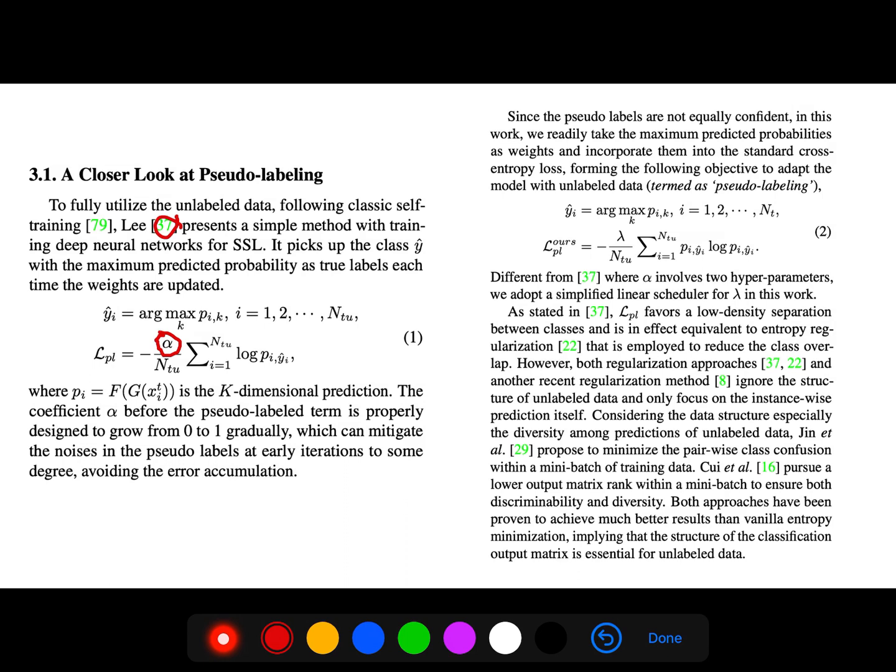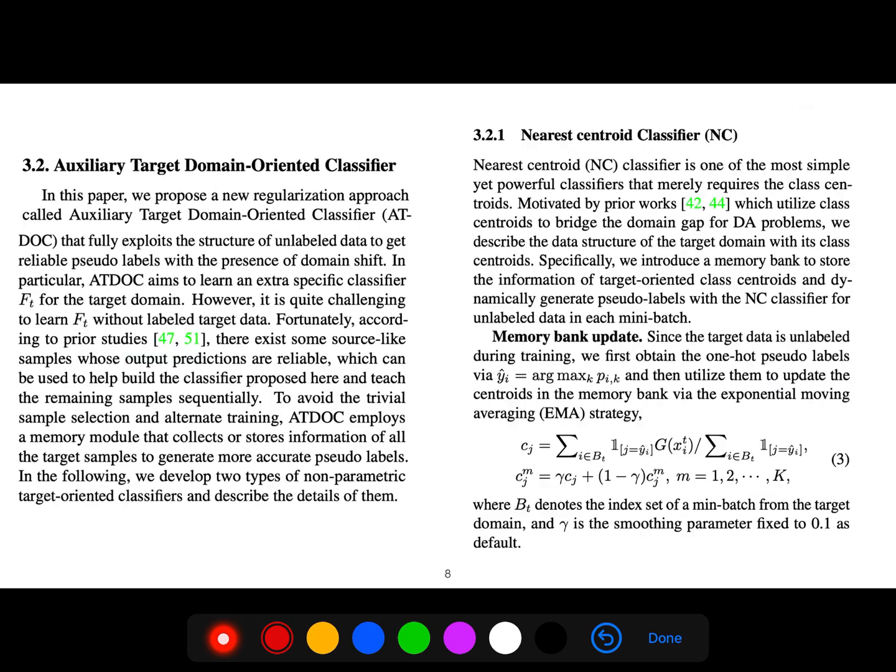Since the pseudo-labels are not equally confident, in this work we readily take the maximum predicted probabilities as weights and incorporate them into standard cross-entropy loss, forming the following objective to adapt the model with unlabeled data. Different from this reference where alpha involves two hyperparameters, we adopt a linear scheduler for that. And here we have the auxiliary target domain classifier.